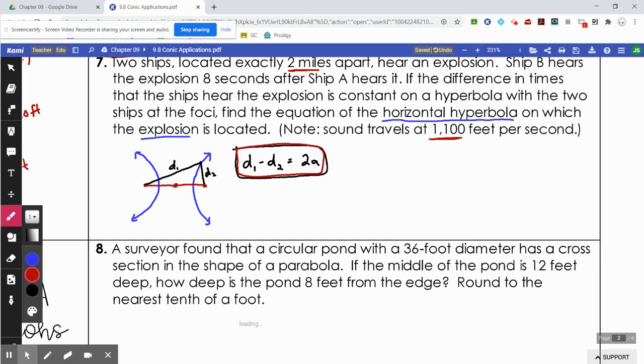Now, it says that ship B, here's the explosion, 8 seconds. So that means that ship B over here must be further away from this explosion than ship A was.